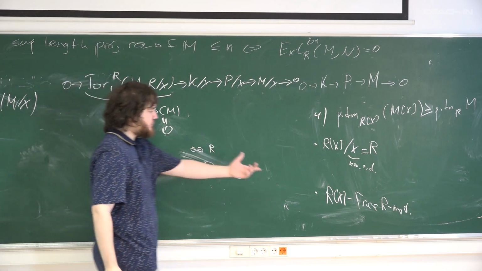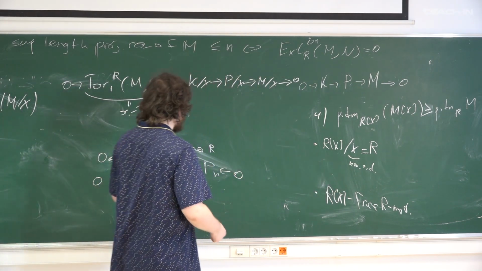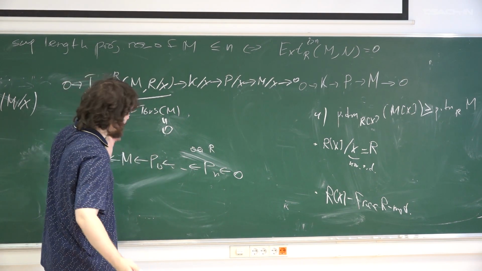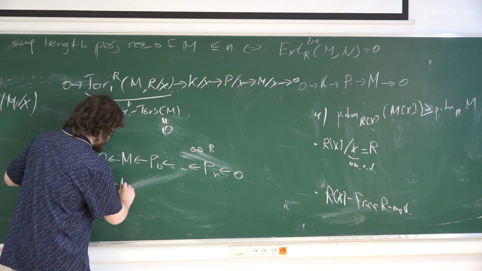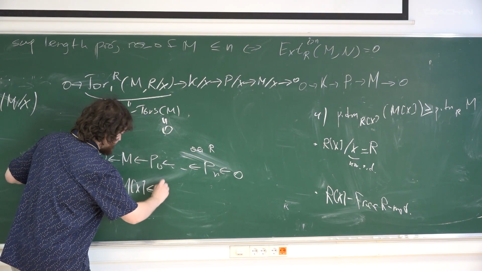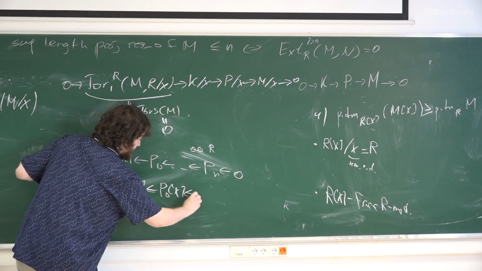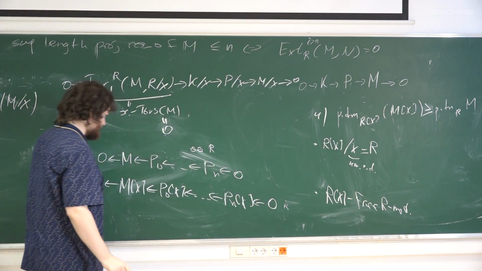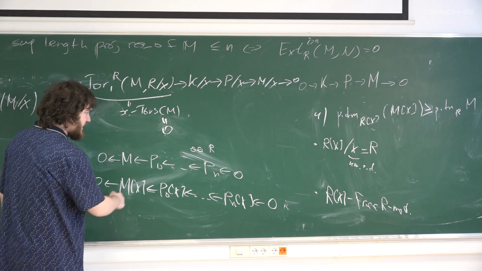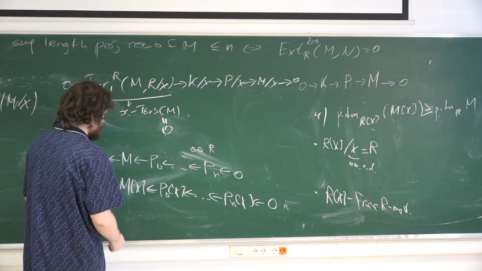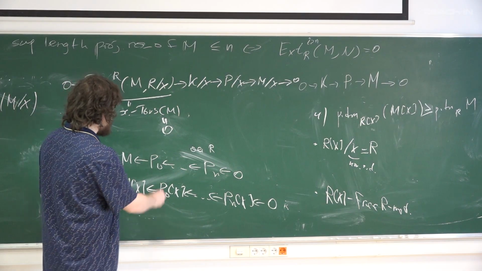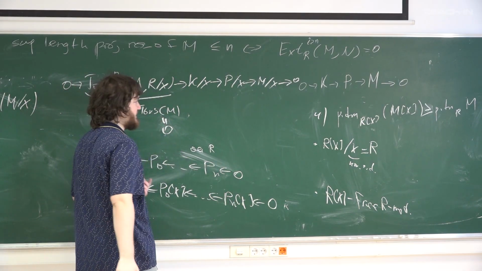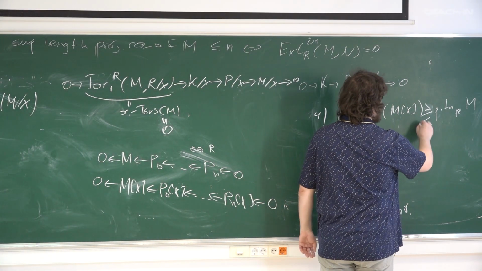Because this is a free module, this is flat, so this is also exact, and of course also projective. You can assume that it's free modules. And you obtain a projective resolution of the polynomial module, because this is a flat module. If you have one of some length, then you obtain one of length not greater than this length. So in fact, you obtain this inequality.